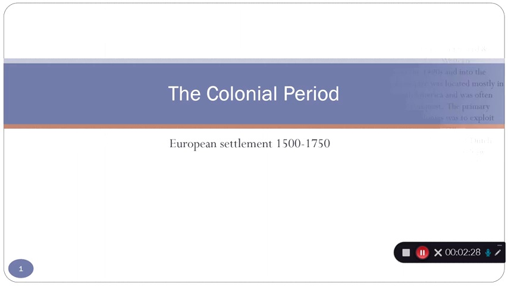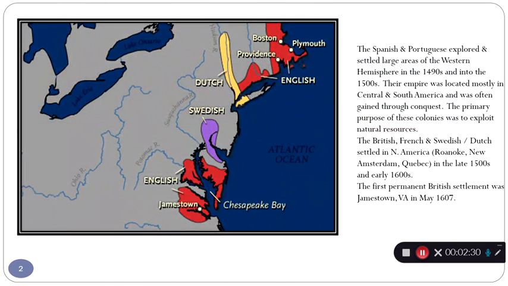The American colonies are part of a larger effort during the 1500s, especially into the 1600s, by different European powers to establish a presence in the Americas, right? The initial efforts are by the Spanish and the Portuguese. This is a result of, most notably, Christopher Columbus arriving in the New World in 1492. He makes 3 additional trips.